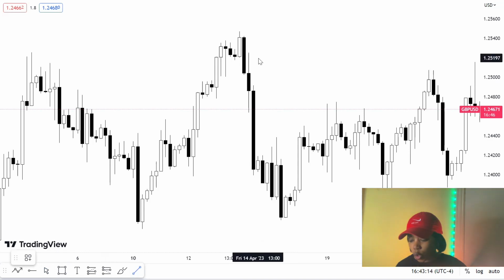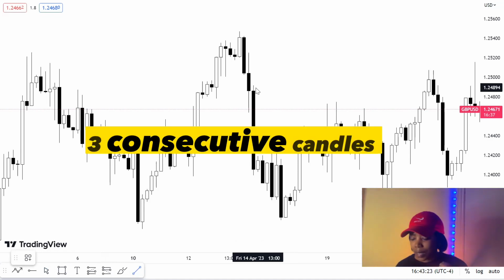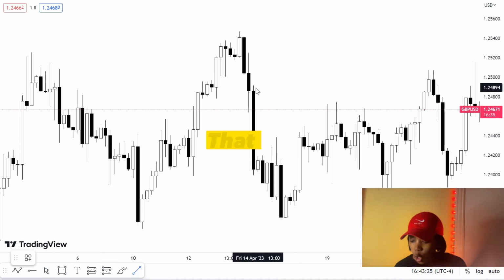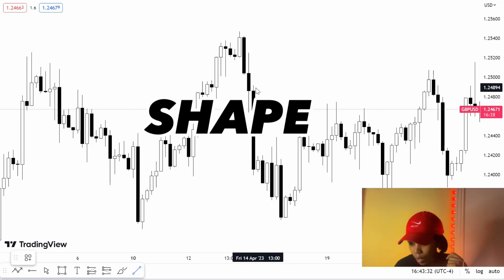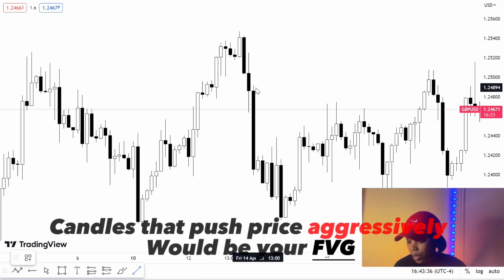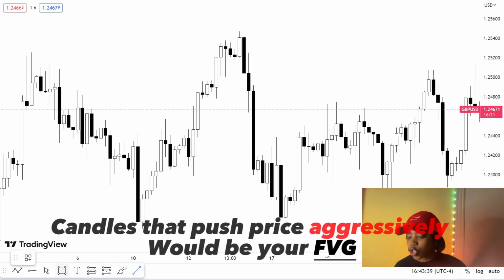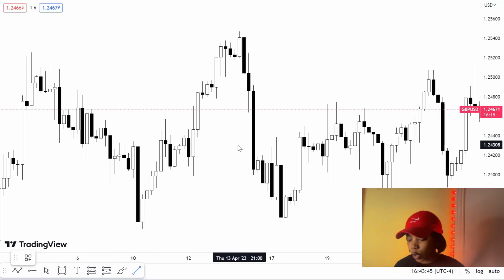First of all, you will look at the three consecutive candles, or three candles that look the same, not as to looking at the shape, but we could say the colors of the candle, right? Candles that have pushed price aggressively, that would be your fair value gap.